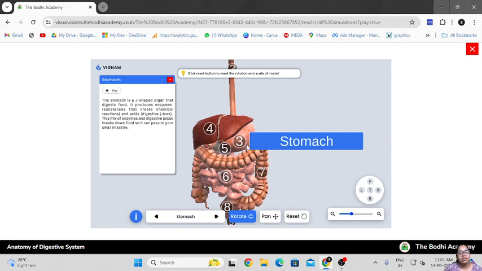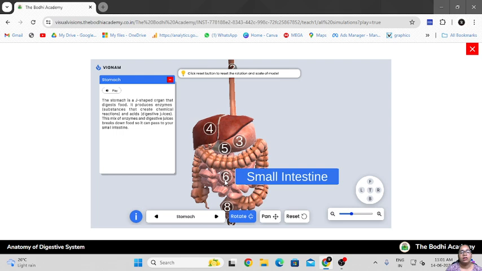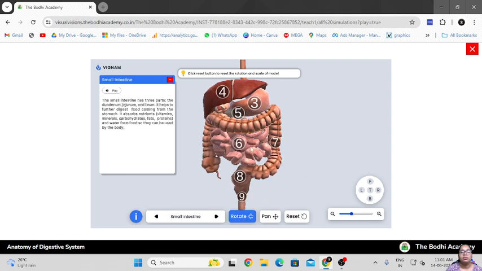Then the partially digested food will reach our small intestine. Inside the small intestine there are finger-like projections called villi, which help in absorption of the digested food. That is, the nutrients from that food are absorbed by the villi which are present in our small intestine.